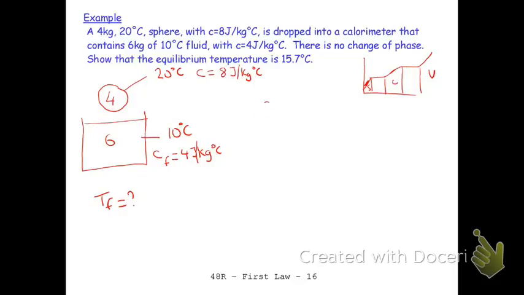The way I do these is I say Q lost plus Q gained equals 0. I used to put Q lost equals Q gained, but you've got to mess with your temperatures then. So I find this a bit easier now.